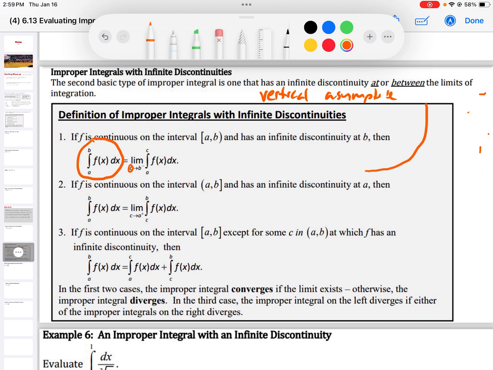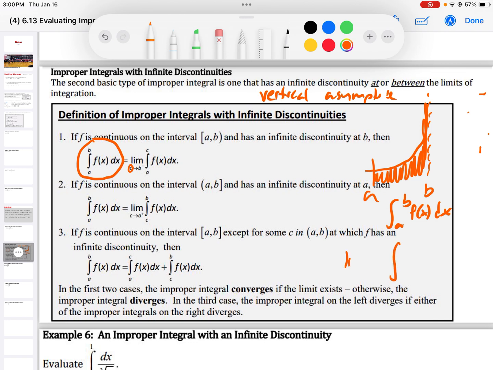If I have a graph like this, it's got an infinite discontinuity right here at b, and it goes from a. If I want to find the area under this curve, I'm doing the integral from a to b of our function.